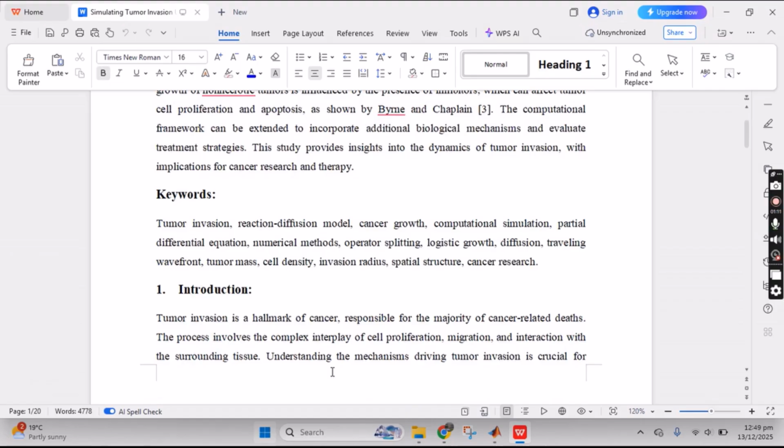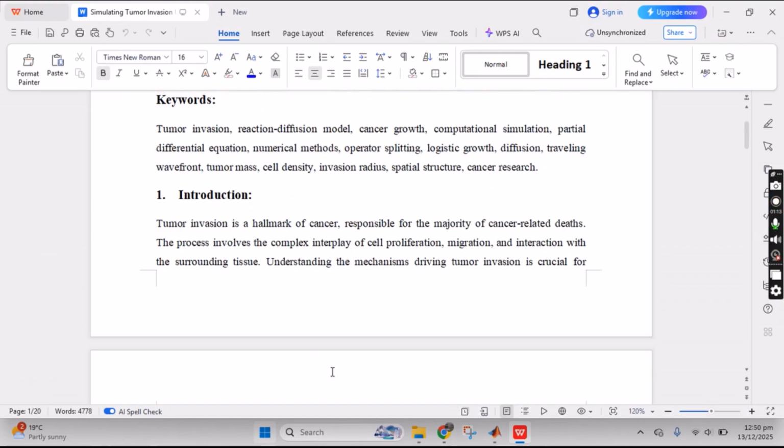Okay. So this is the introduction, in which I have added that tumor invasion is a hallmark of cancer, responsible for the majority of cancer related deaths.